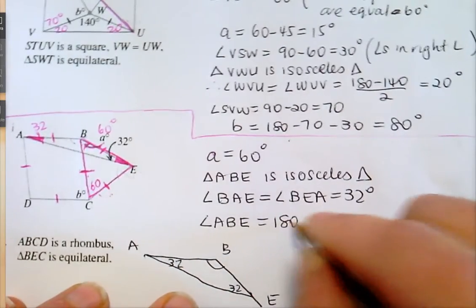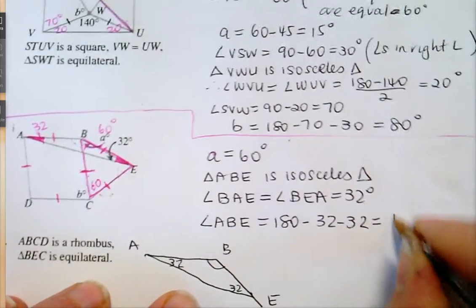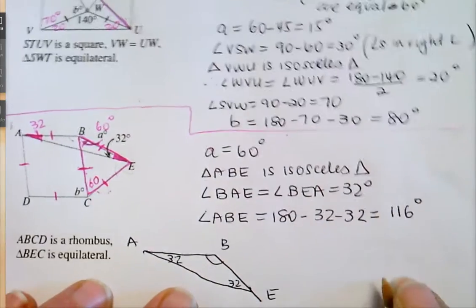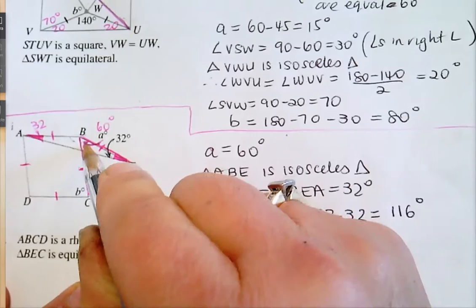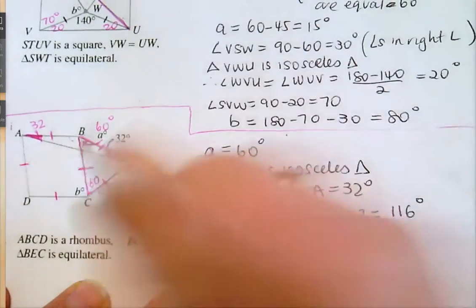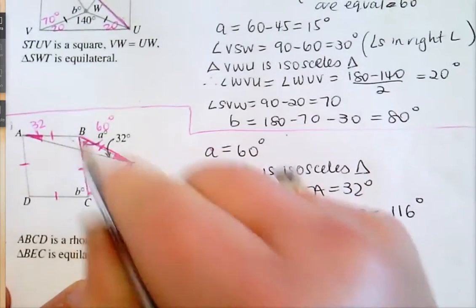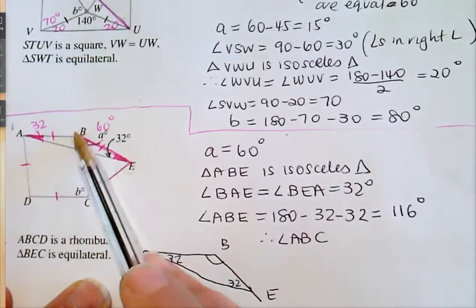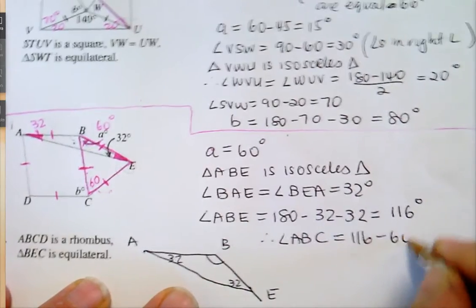Angle ABE is 180 minus 32 minus another 32, so it's 180 minus 64, which will be 116 degrees, but that's the whole of ABE. Now we know that part of that angle in there is 60, so therefore angle ABC, this one in here, will be 116 minus 60.